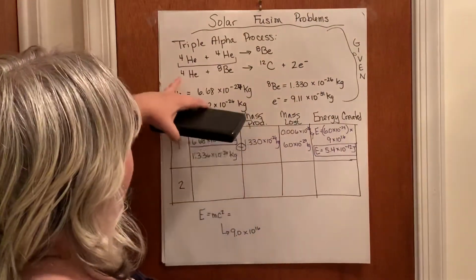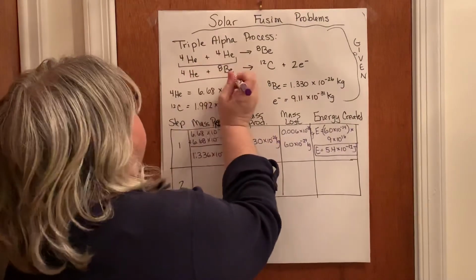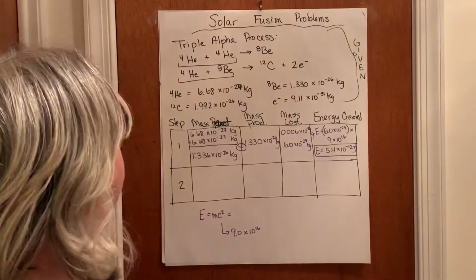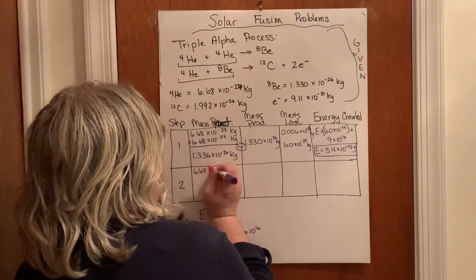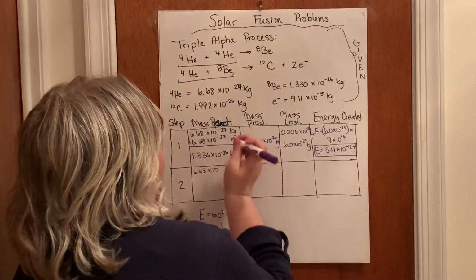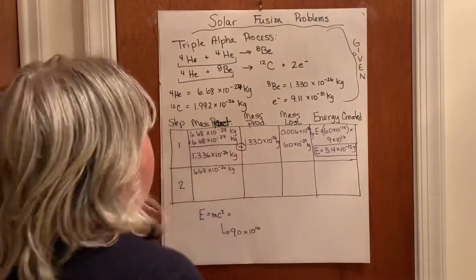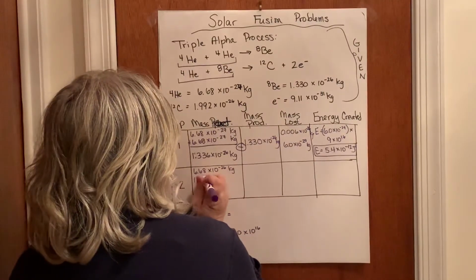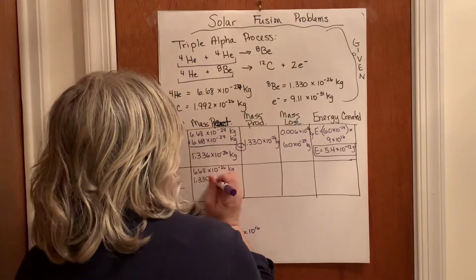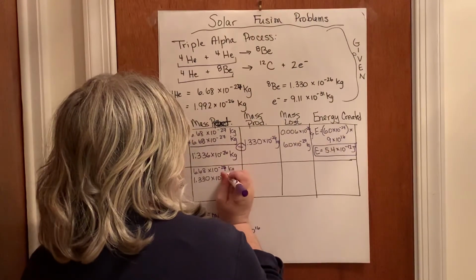So again, I'm going to look at my reaction. Here are my products, here are my reactants. I've got 1 alpha particle, which is 6.68 times 10 to the negative 27th, and I've got 1 beryllium, 1.330 times 10 to the negative 26.